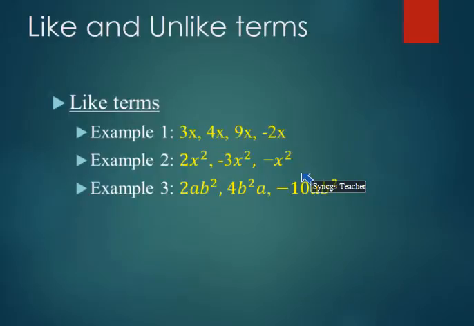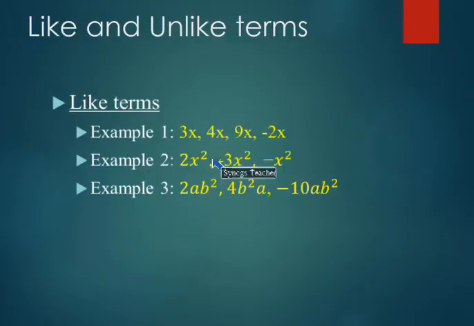Let us now see what are like terms and unlike terms. Like terms are those where the variables are same. For example, 3x, 4x, 9x, minus 2x. So as you can see, the variables are same here, that is x. Consider another example, 2x square, minus 3x square, minus x square.